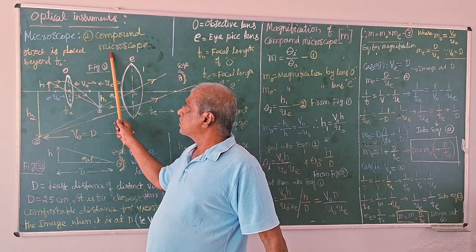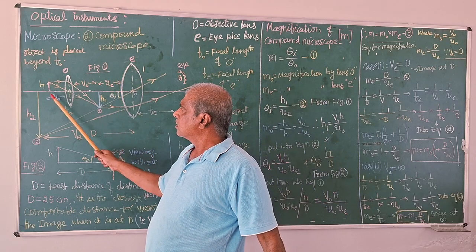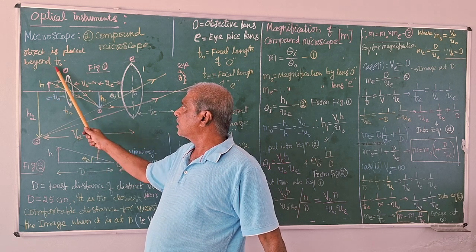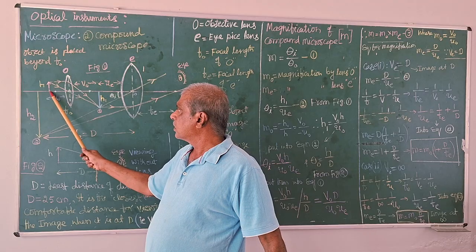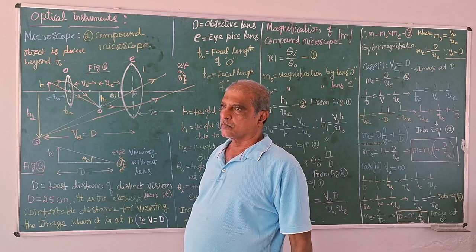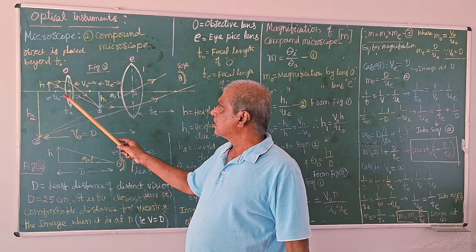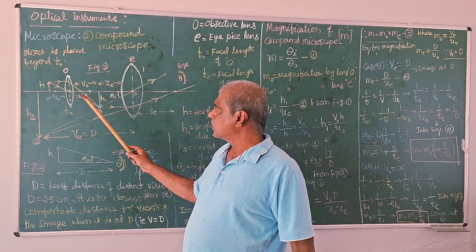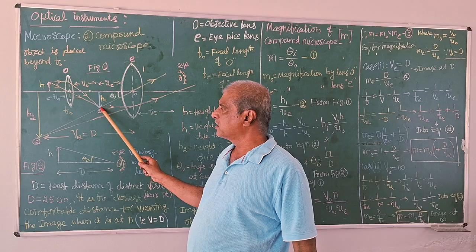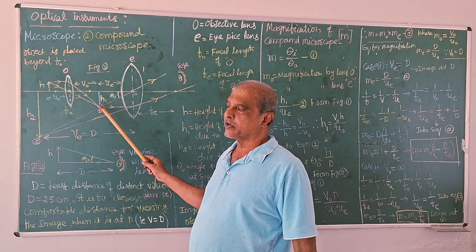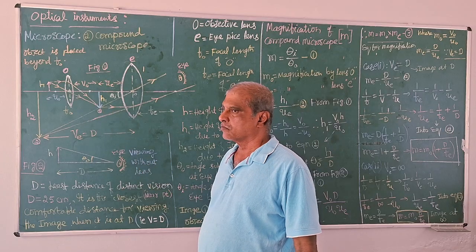In this compound microscope, this is the object under study. The object is placed beyond the focal length of the lens f0. It is behind this point, the focal length. If that is the case, the light rays converge to produce the image like this, on the other side, that is the inverted and of course magnified image.